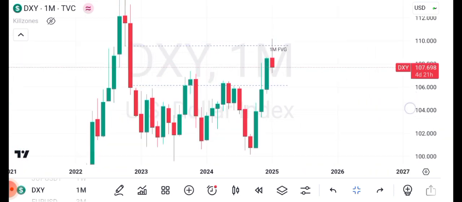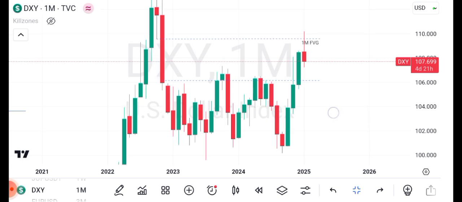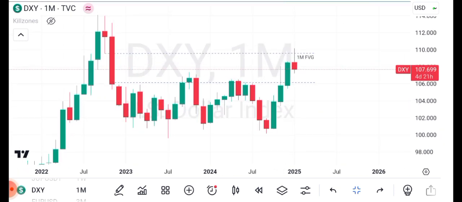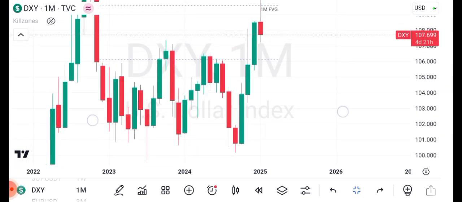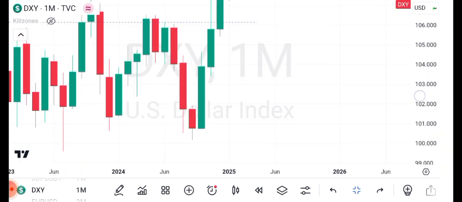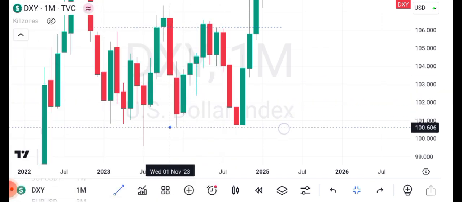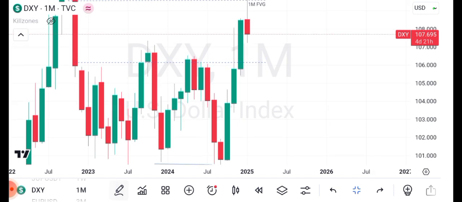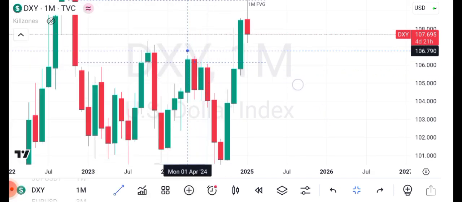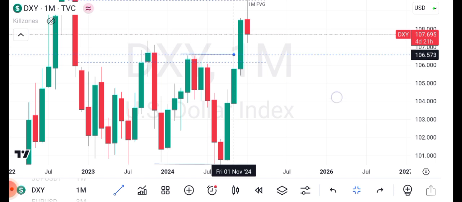So I will be expecting, this is your DXY, guys, and the US dollar is king in the financial market, so I'll be expecting price to come lower. You can see that we had a clean sweep here on your monthly time frame, and this right here was a break of structure to the upside.